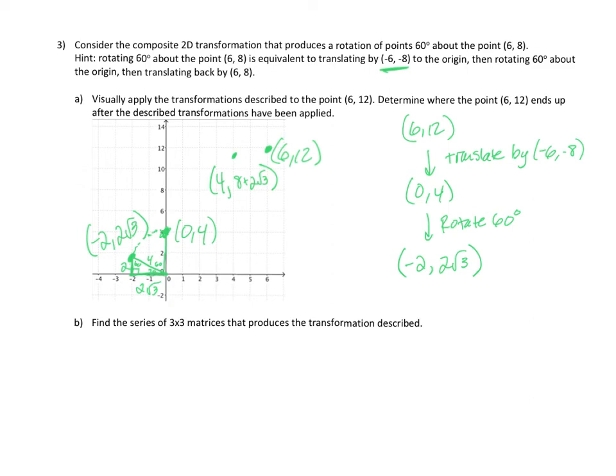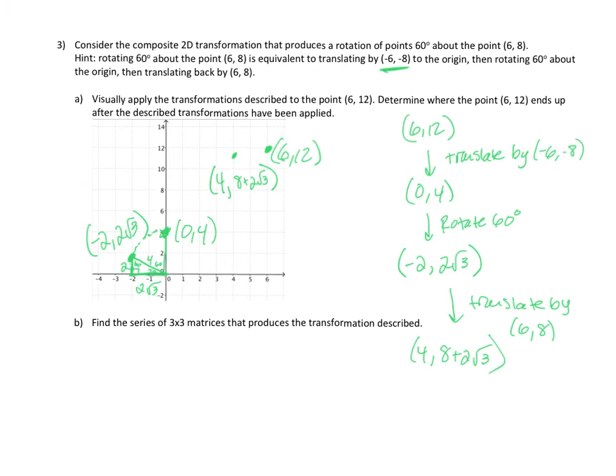Again, your book has a formula to figure out where that lands, but I prefer to draw a picture and figure it out. And then we shift back. We do another translate by 6, 8. And that puts you at 4, 8 plus 2 root 3.